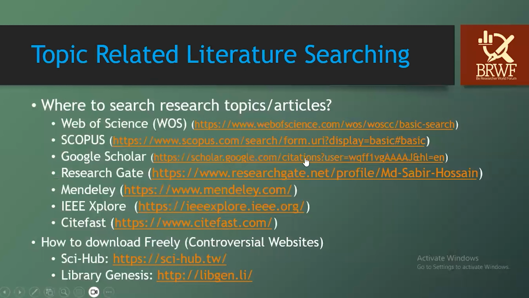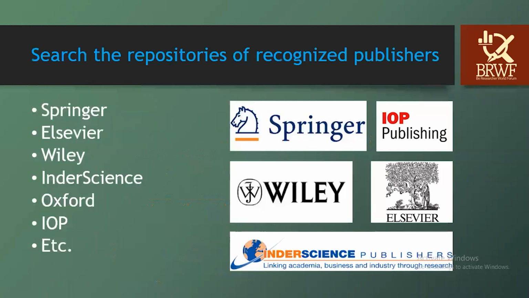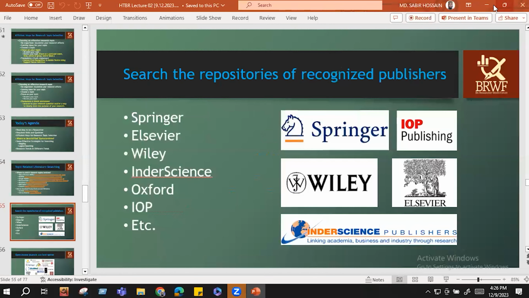So you can find your research paper topic or article from these websites, and there are also some good or recognized publishers like Springer, Taylor and Francis, Wiley, Hindawi, Oxford, IOP. If you go to their websites and search, you will also find a good amount of papers.